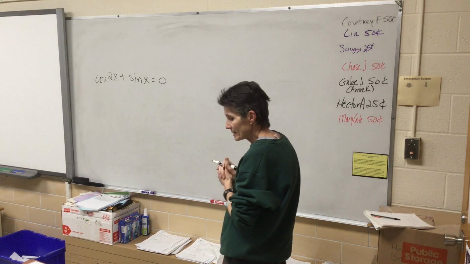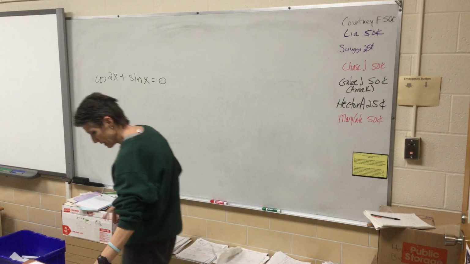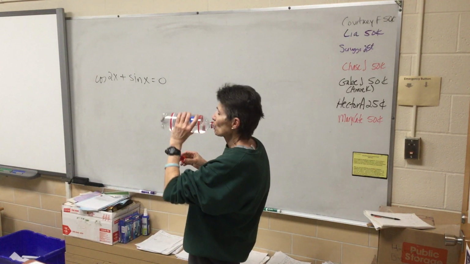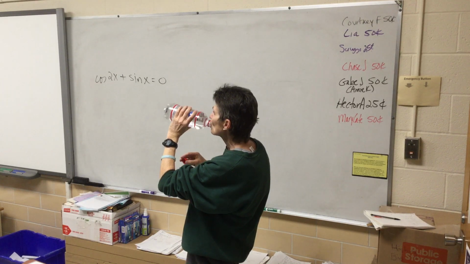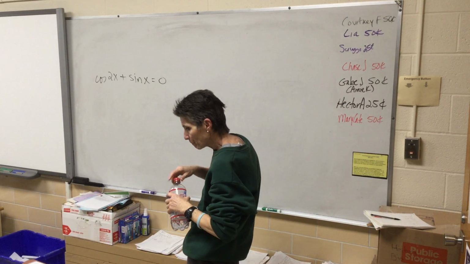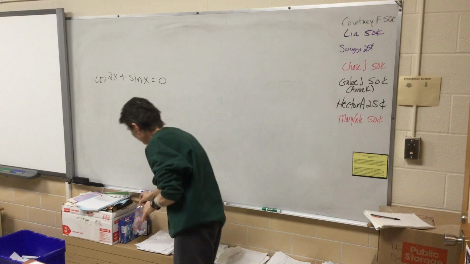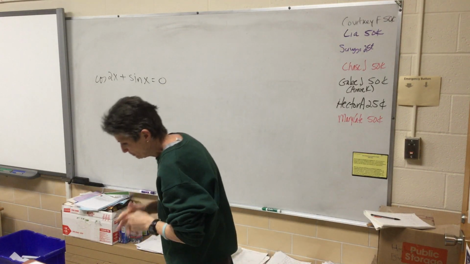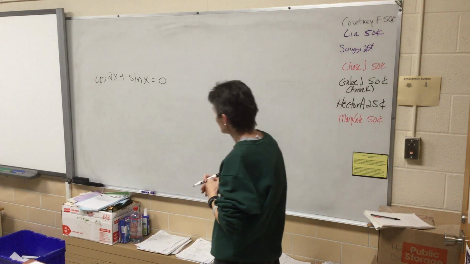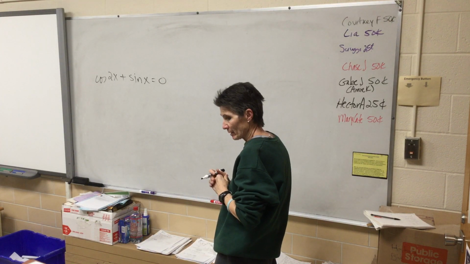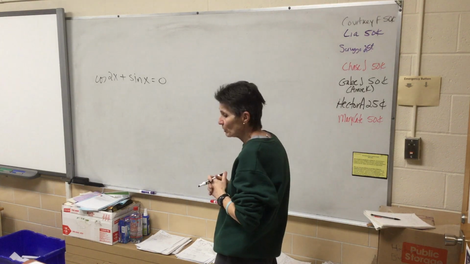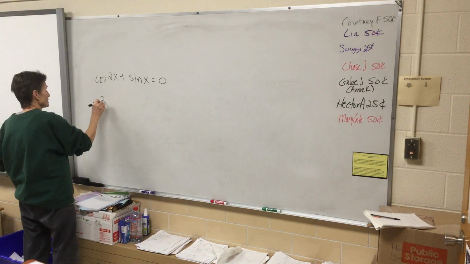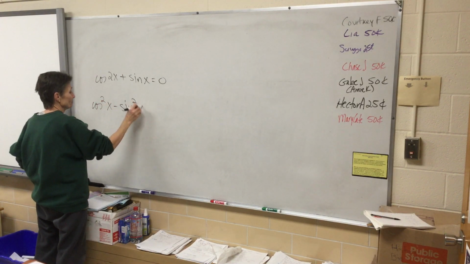Who's got a suggestion to get us started? Uh-oh, we're in trouble if we don't know how to get started. We've got to get rid of that 2x. What's the cosine of 2x? Cosine squared minus sine squared.